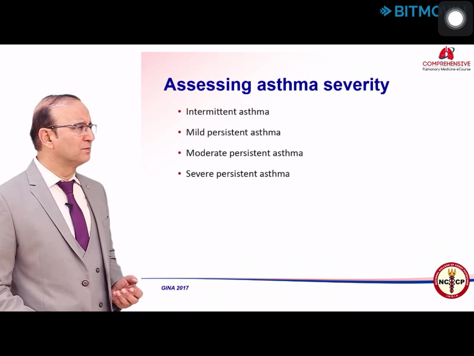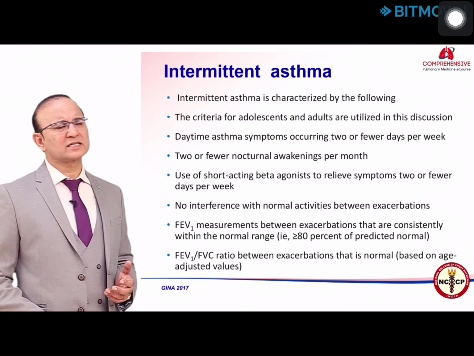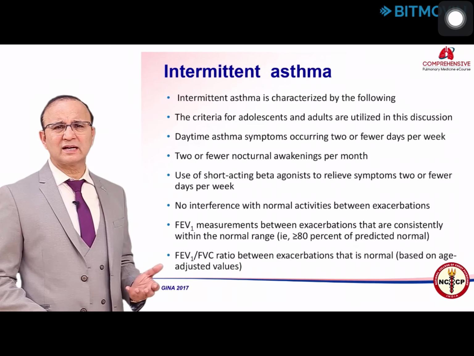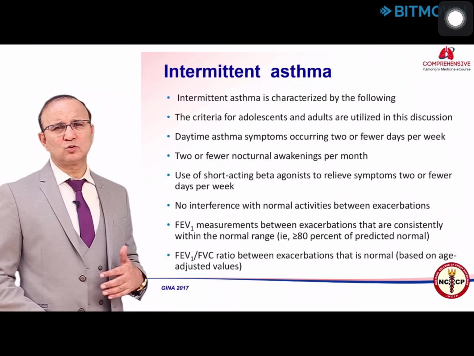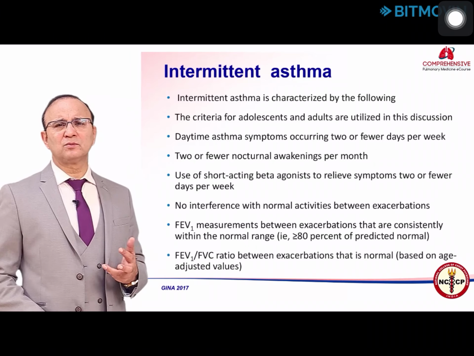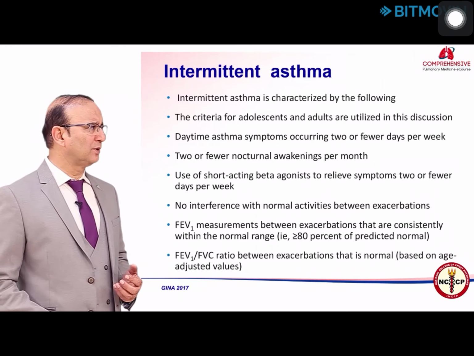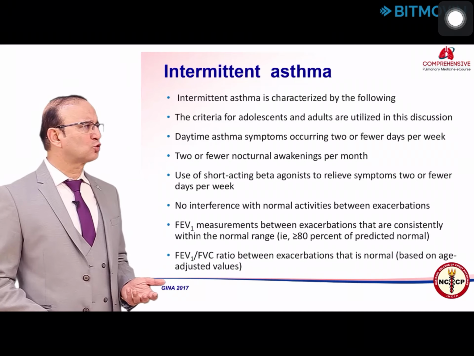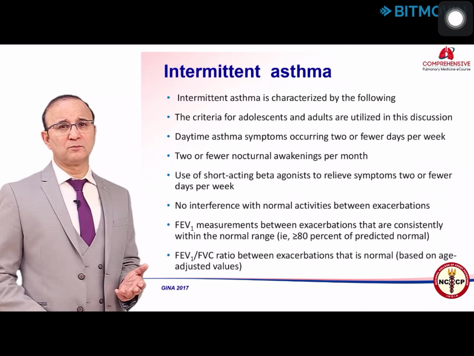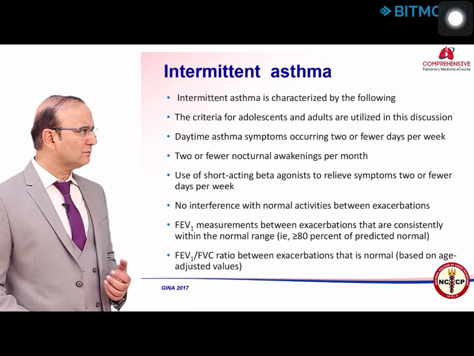So what it really means is, intermittent asthma is characterized by a patient who has daytime asthma symptoms 2 or fewer days a week. So he has symptoms only 1 or 2 days in a week. He has 2 or fewer nocturnal awakenings in a month. So he doesn't get up more than twice a month.